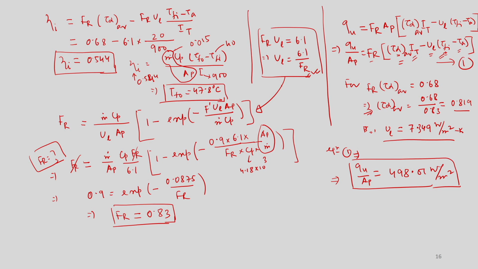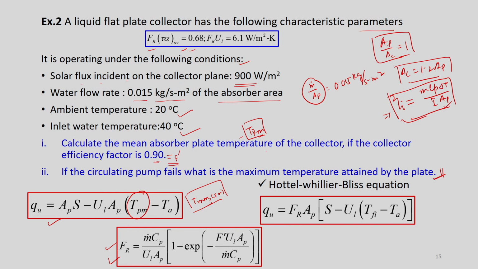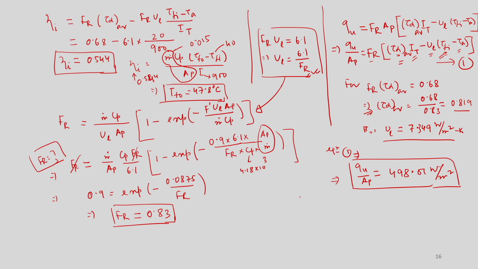So, once we know this, again we can use the equation for useful heat gain. QU by AP is equal to IT tau into alpha average minus UL into TPM minus TA, right. So, if we substitute the values, 498.01 is equal to IT is known, 900, and the tau alpha average is known now, 819, and UL is also known, 7.349.